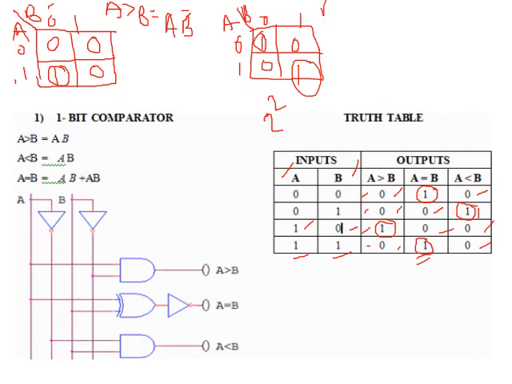So A equal to B, the equation will be A bar into B bar plus A into B. Right? A bar into B bar plus A into B. Correct.